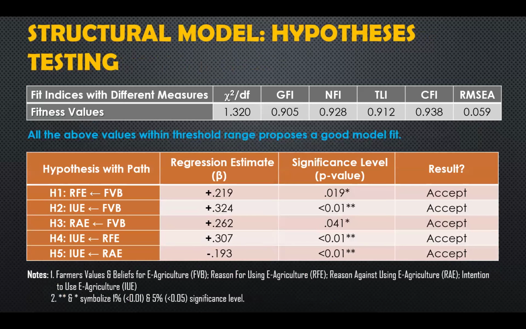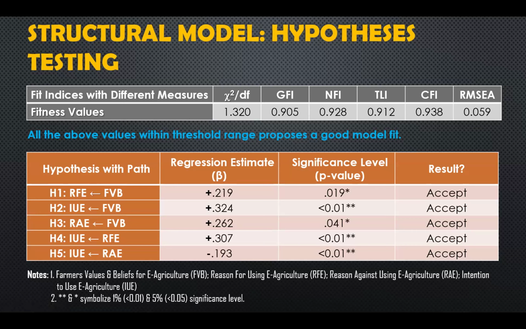Now we are going into the structural model, that is hypothesis testing. The indices chi-square by degrees of freedom, goodness of fit index, normed fit index, Tucker-Lewis index, comparative fit index and root mean square error of approximation indicate all values within the threshold range, which proposes a good model fit.